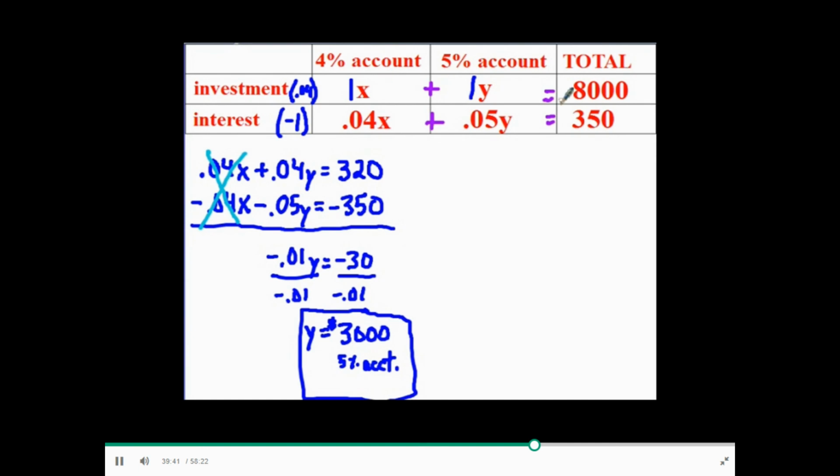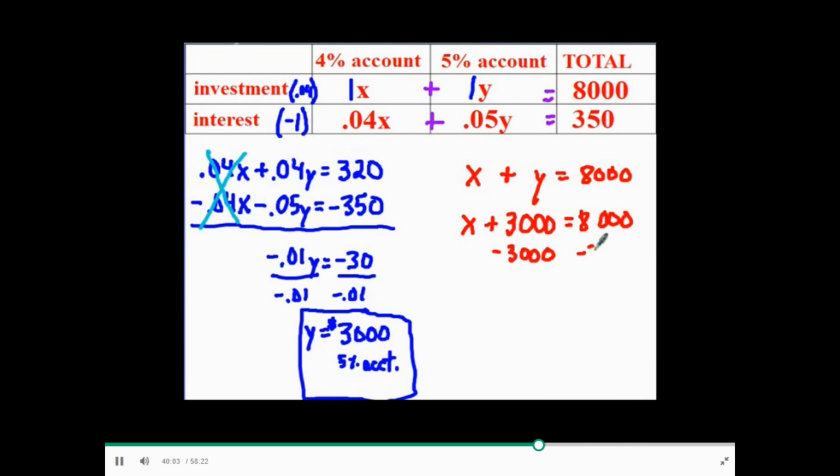Next, I get to choose which equation I want. I'm going to pick the top one because the numbers are so small. I don't know what x is, but I sure do know that y is 3,000, so I'm going to put a 3,000 here in place of y. I subtract 3,000 from both sides, which you have probably already done in your head, to figure out that x equals 5,000.